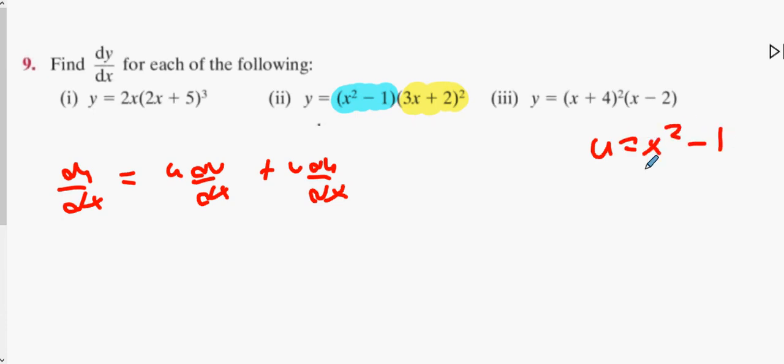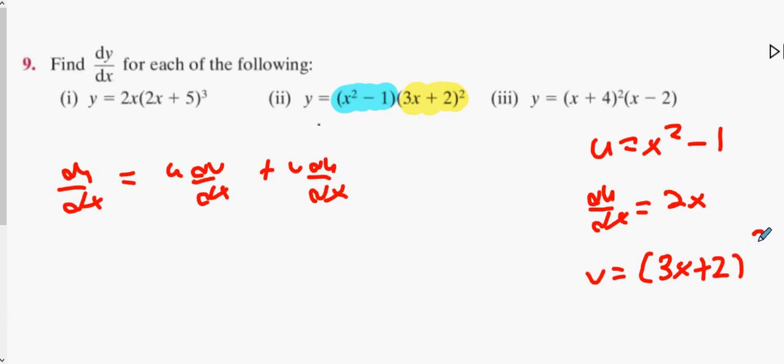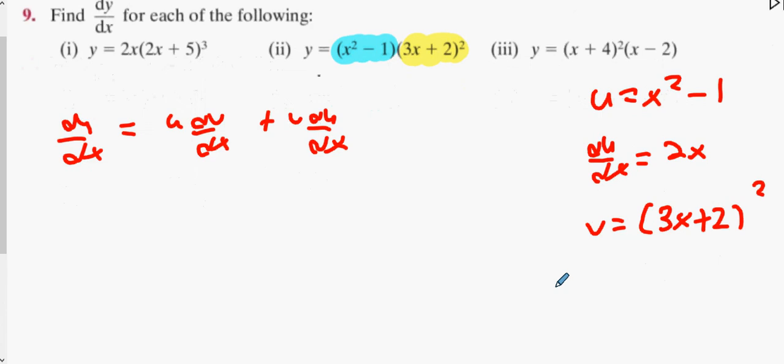So what's u, x squared minus 1, anybody? And v? 3x plus 2 squared. So what do you reckon for that one? What do we do with the 2? Bring it down.